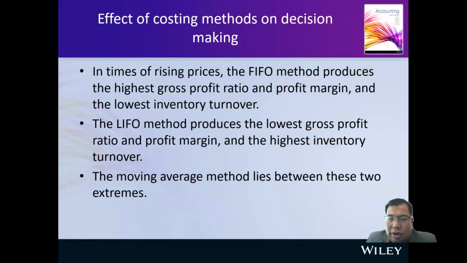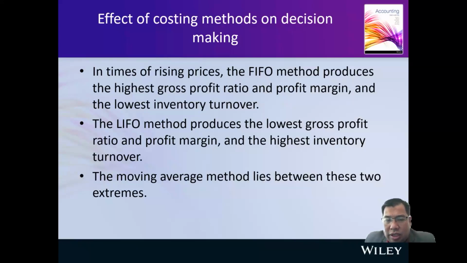The LIFO method, on the other hand, will produce the lowest gross profit ratio and the highest inventory turnover. If you use the LIFO method, your closing stock will be lower. That results in a high cost of sale, so your gross profit will be lower.